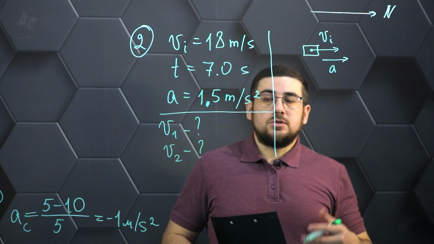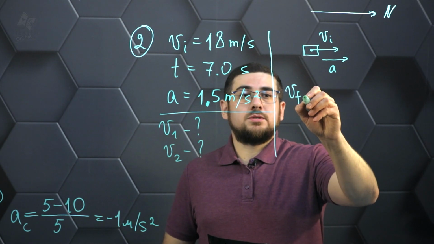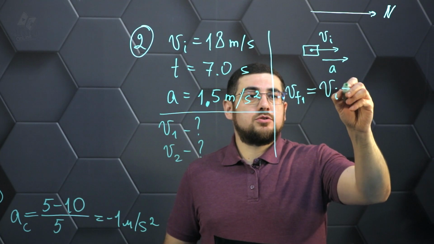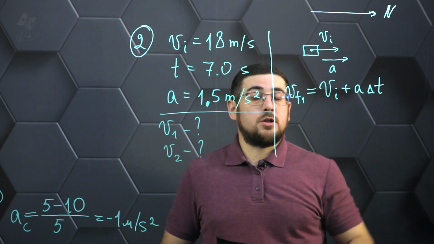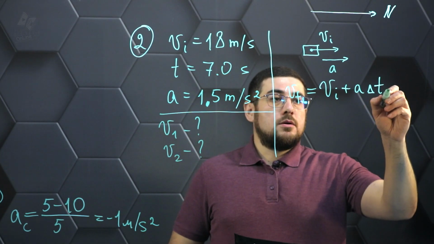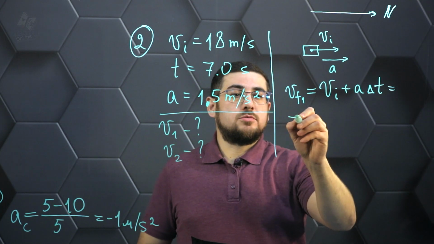In other words, the motion involves a continuous increase in velocity. And thus, the final velocity of the body in this case we can define as the sum of the initial velocity and the magnitude of its increase, that is, the product of acceleration and time. Well, in this case, delta t is these 7 seconds of motion, so we can immediately put in a value.